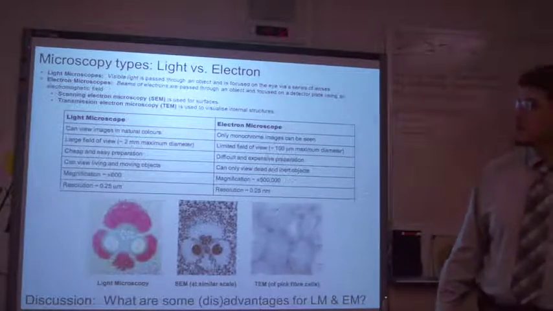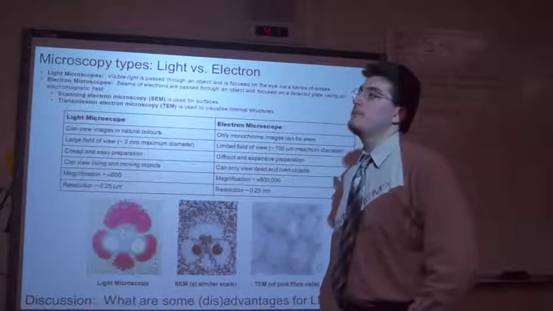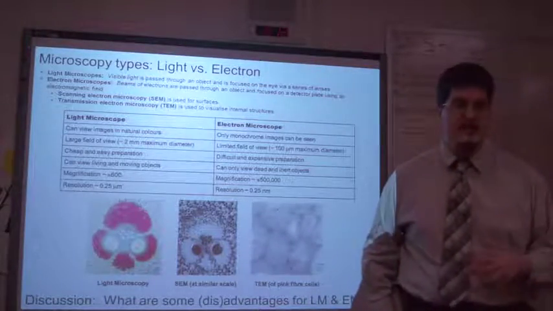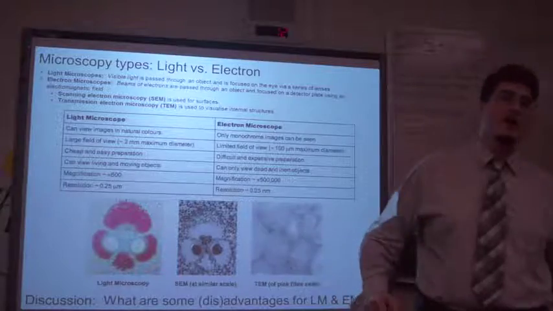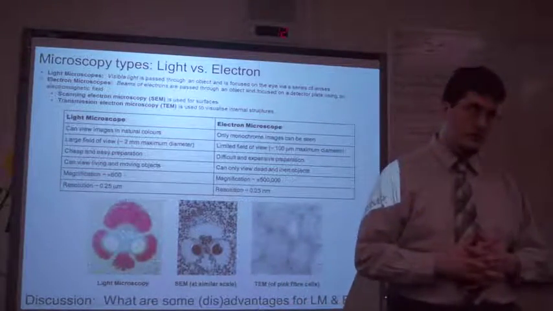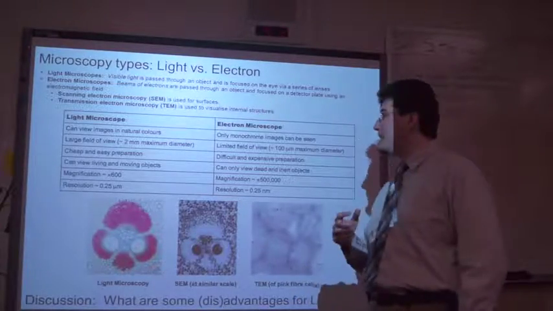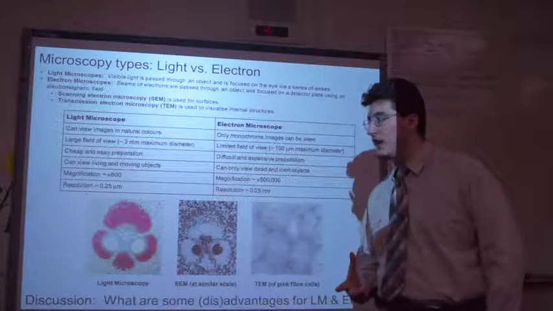A light microscope has a very large field of view, depending on how much you want to see and how large a magnification number you want to get. The larger your magnification, the smaller your field of view. Whereas with an electron microscope, you have a very limited field of view based upon the machine you are using.